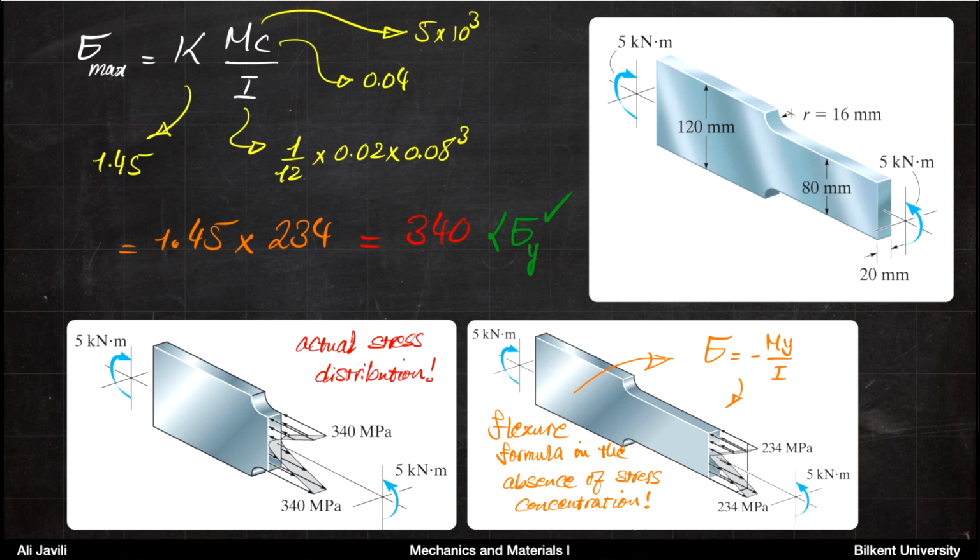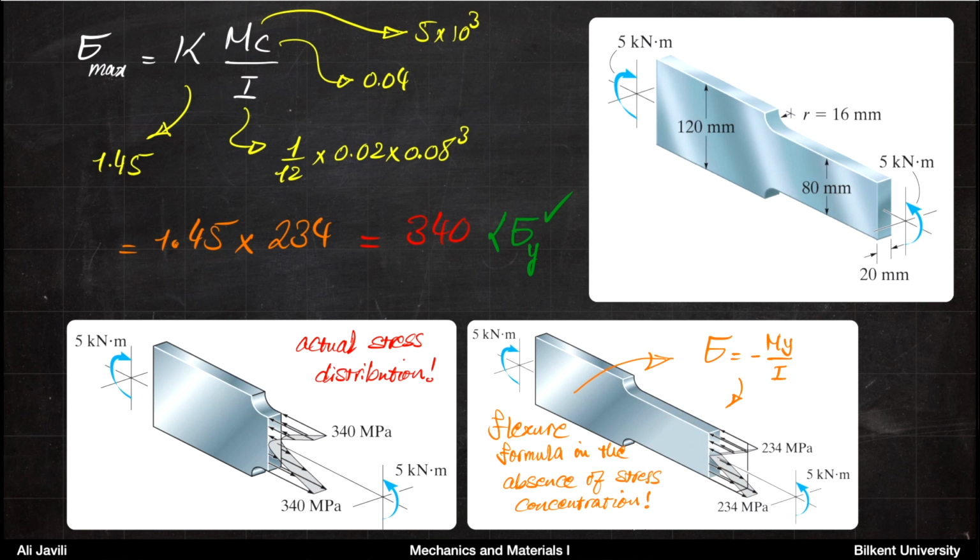So if you wanted to draw the stress distribution for the uniform area, so it would be an area far away from the crucial area here, you will expect a linear stress distribution. And this is as we expected before. So you would get compressive stresses on top and tensile stresses at the bottom.